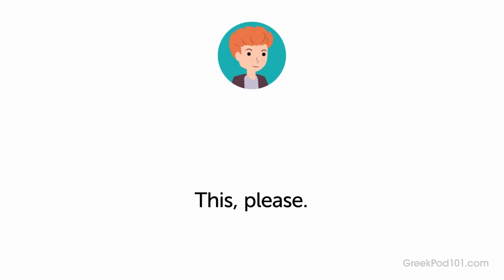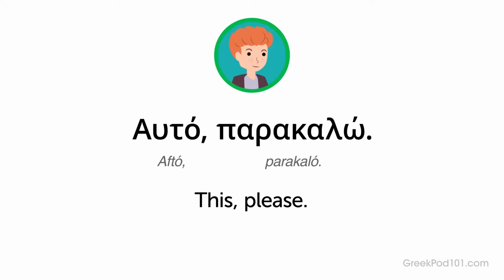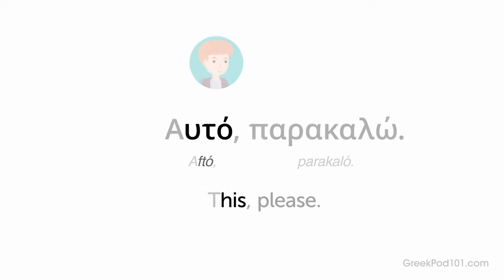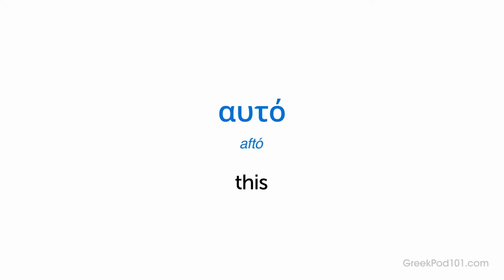Let's take a closer look at how Ben asks for an item without knowing its name. Do you remember how Ben Lee says, "This, please"? Αυτό παρακαλώ. First is Αυτό, this.